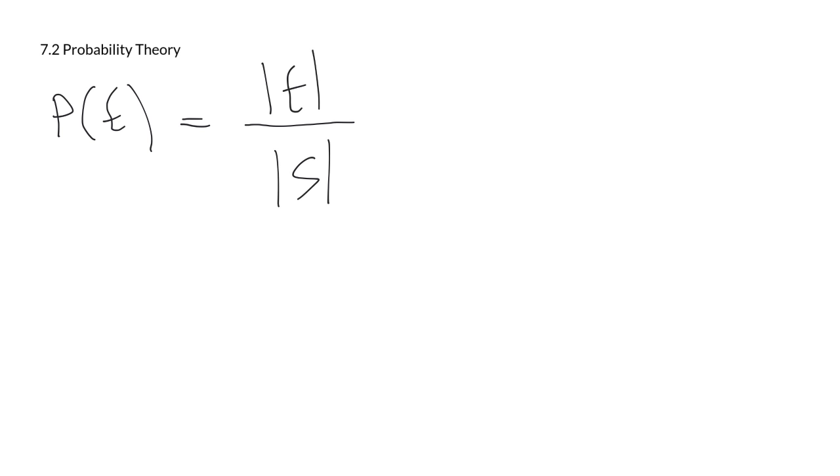Recall that when we define the probability of an event to be the cardinality of E divided by the cardinality of S, we use the assumption that every outcome in S is equally likely to happen.